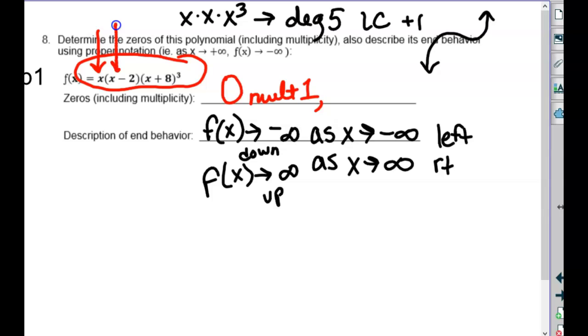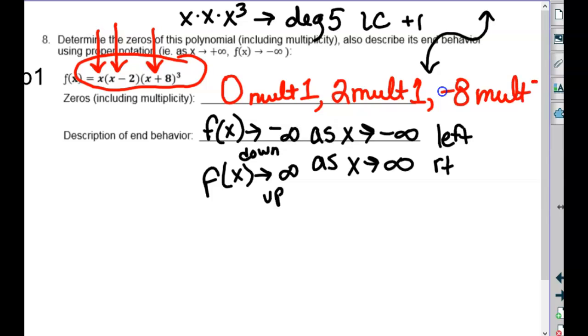What would go in here that would make that equal 0? 2, and that also has no multiplicity other than 1. And back here, -8, and you have to list the multiplicity for that one because it said including multiplicity.